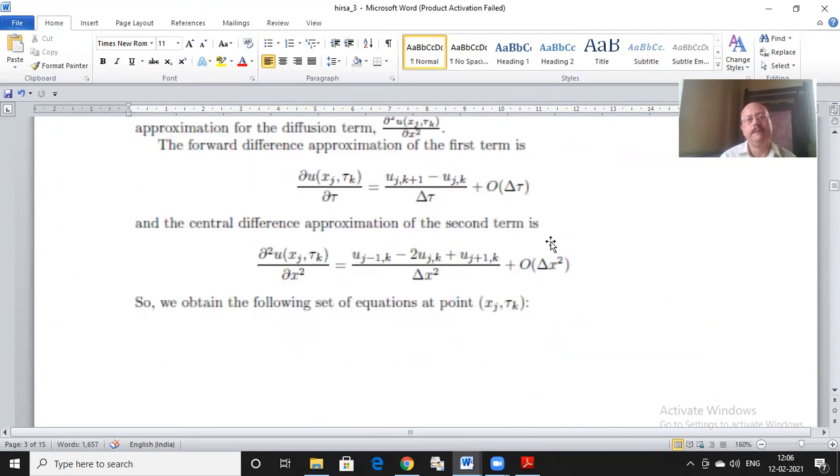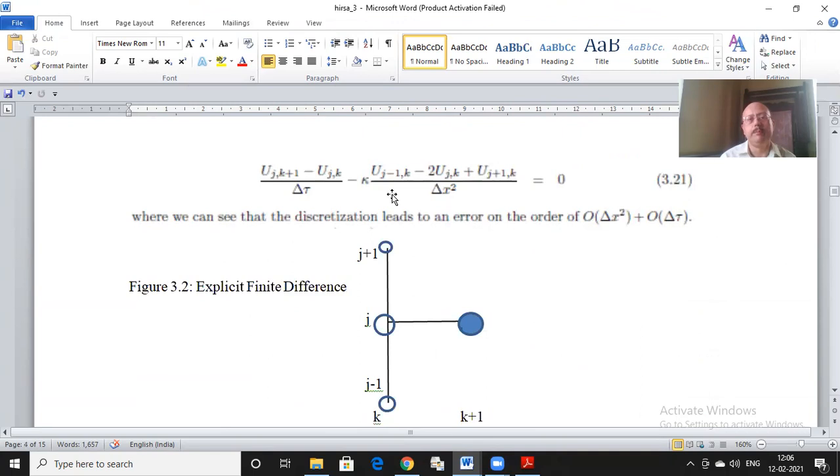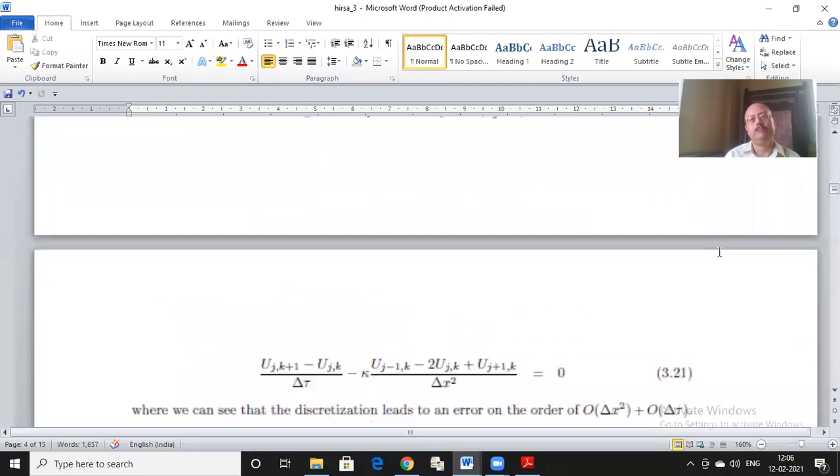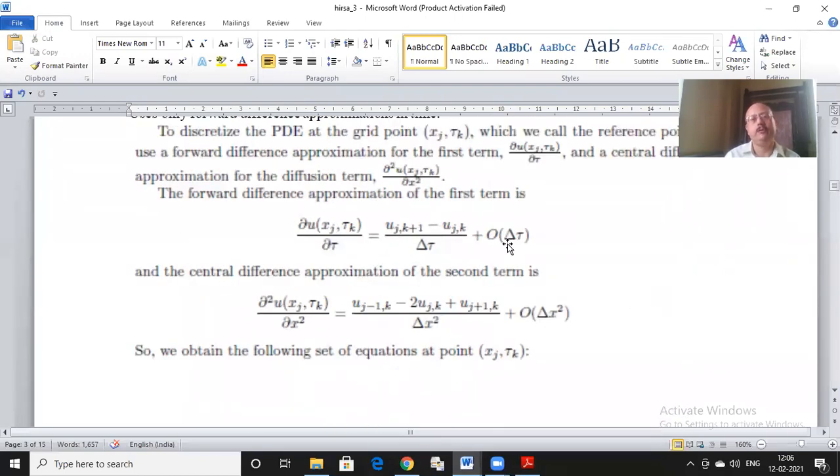But inside, I have to use capital U. So I have this difference minus kappa times this difference equal to 0. That's my equation. This is of course approximately 0, but we are going to solve it by setting it to 0. And we know that the discretization error here is of the order delta x square and delta tau because of the central difference and the forward difference.